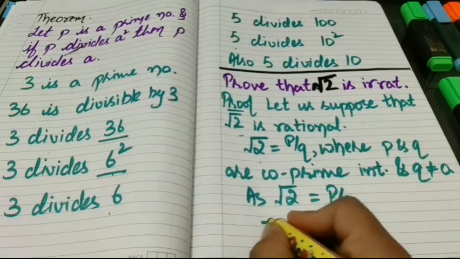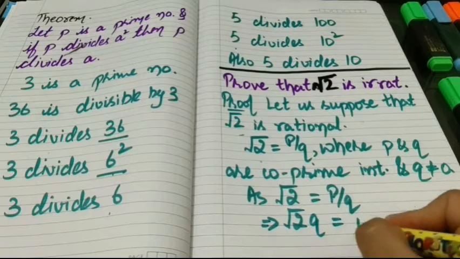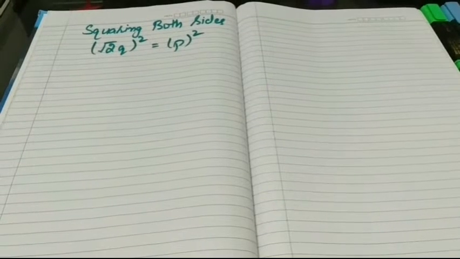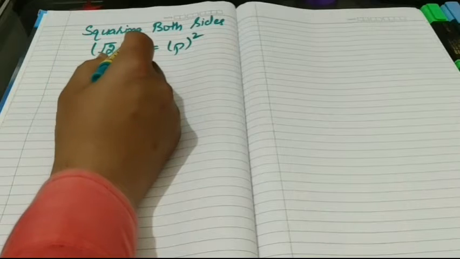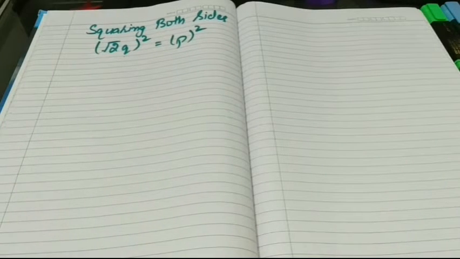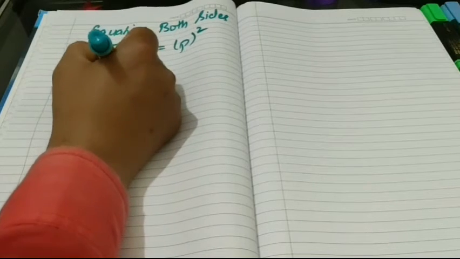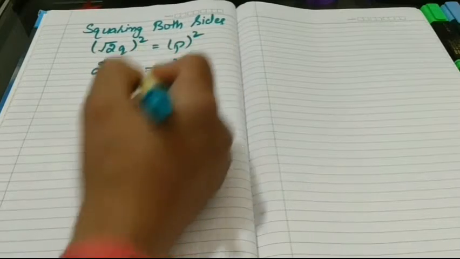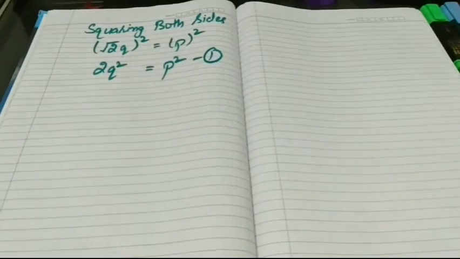By cross multiplication, we get square root of 2 into q equals p. Now we will square both sides. On squaring both sides, we get square root of 2 into q the whole square equals p square. Now square root of 2 squared is 2, and q square stays, so 2q square equals p square. Let this be number 1.